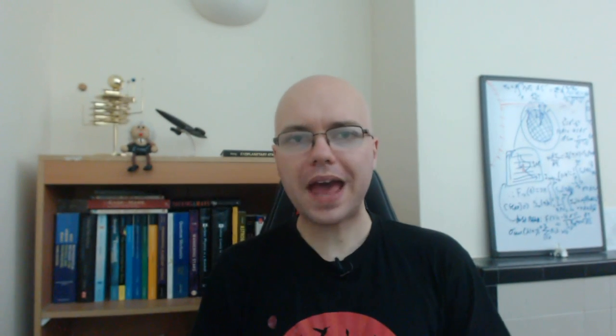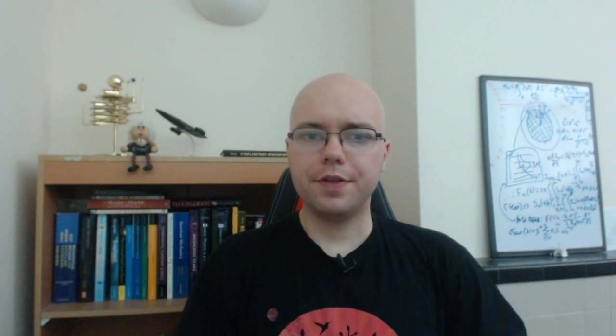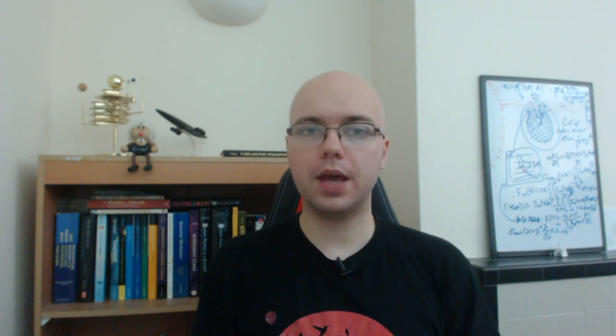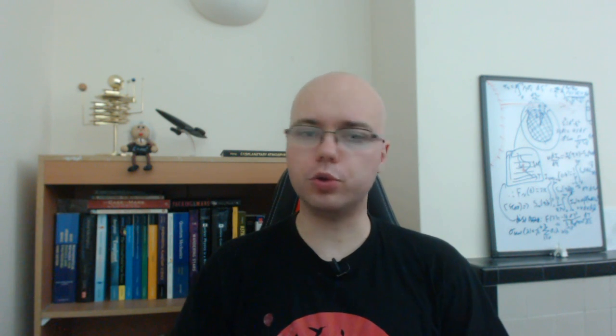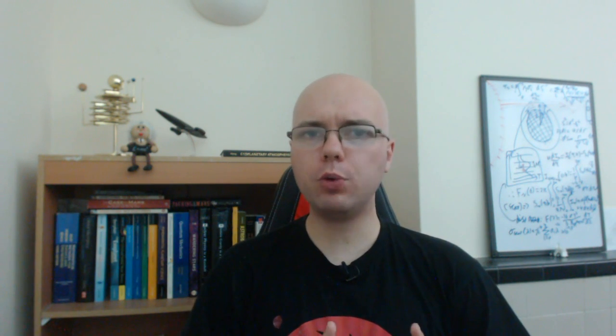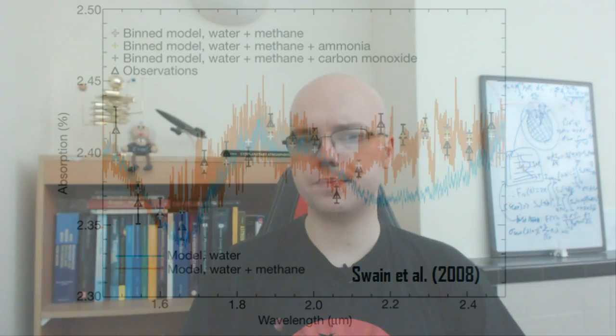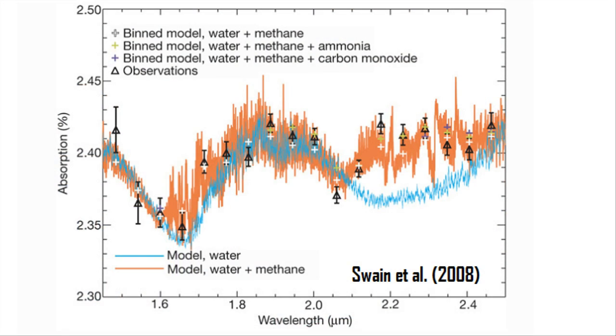In the early days of exoplanet atmosphere research, this is pretty much where people would stop. They would generate a few transmission spectra, often choosing which molecules to put in by hand, until they found one that fit the observations. For example, here is a transmission spectrum that was published in 2008, where the observations are given by the triangles, and you notice that a model which only includes water, given by the blue curve, does not match the observations longer than about 2.1 micrometers.